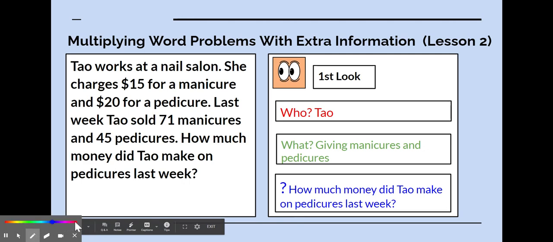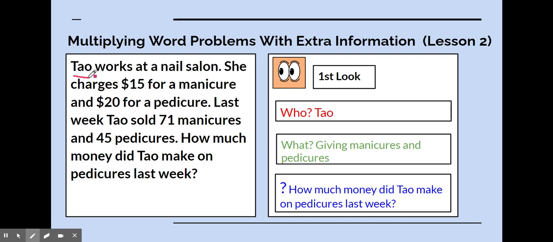So in our first look, we should notice, who are we talking about? Teo, and Teo works at a nail salon. What is Teo doing? Well, Teo's giving manicures for $15 and $20 if you got a pedicure.